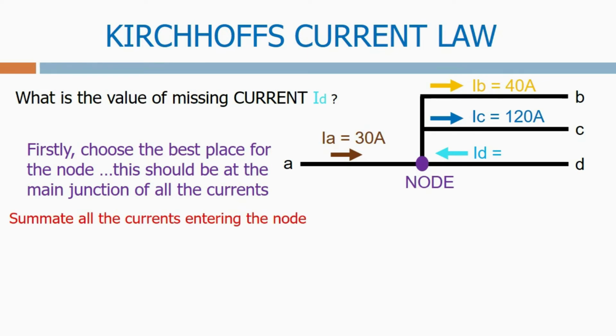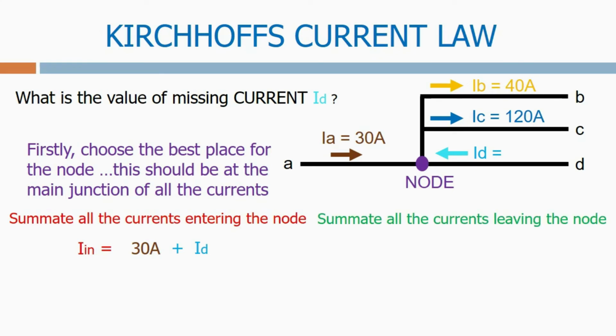Summate all the currents entering the node. I in equals IA, which is 30 amps, plus ID. The next stage is to summate all the currents leaving the node. I out equals IB, which is 40 amps, plus IC, which is 120 amps, equals 160 amps.